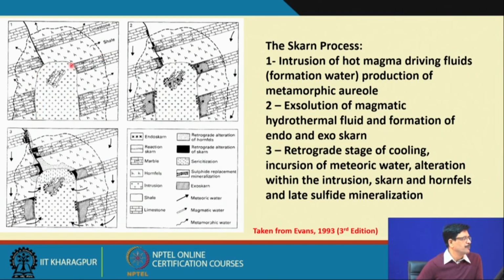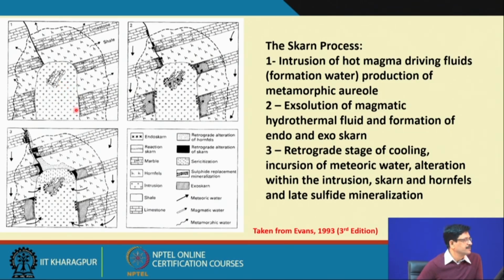Also, let me point out here, they are far more evolved compared to the kind of magma which gives rise to porphyry deposits, quite enriched with many of the volatiles, for example boron, lithium and many other volatiles, including the ore forming elements.